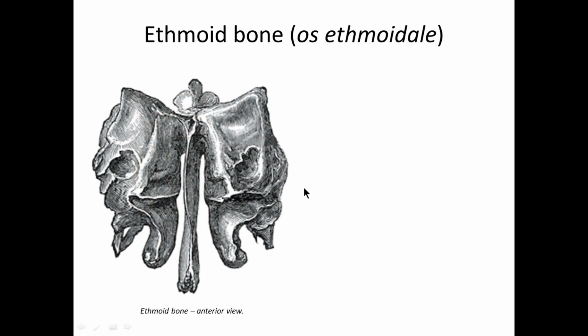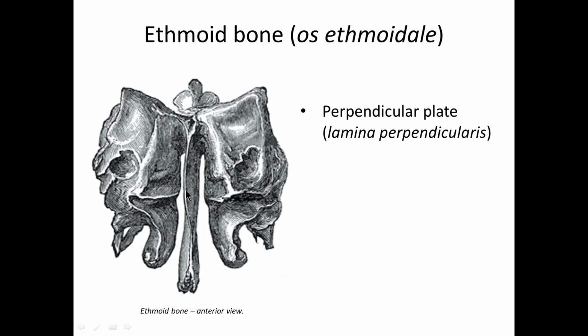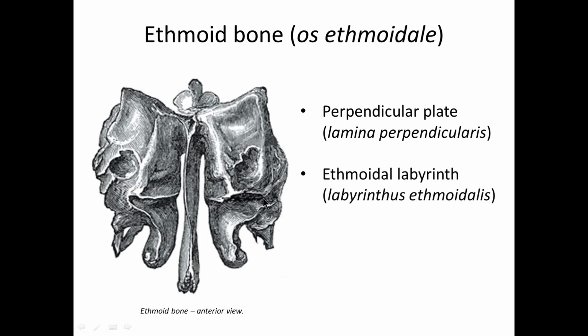The anterior view of ethmoid will show us some more parts. In the middle we can see the perpendicular plate aligning with sagittal plane, and the entire bone mass to the side is the ethmoidal labyrinth. Ethmoidal cells, cellulae ethmoidales, are located in the center of ethmoidal labyrinth and we can divide them into anterior and posterior ethmoidal cells.